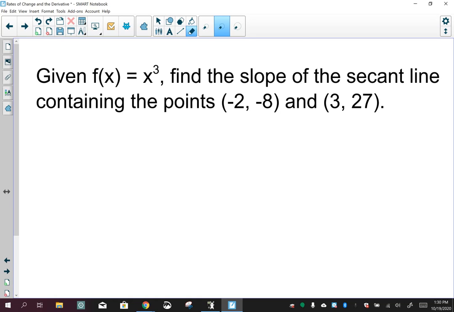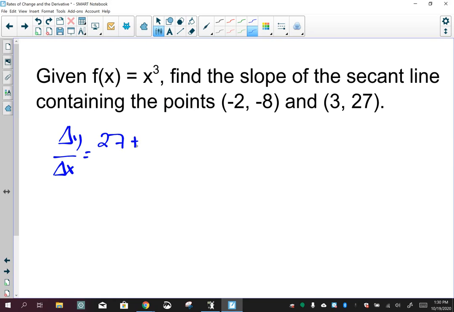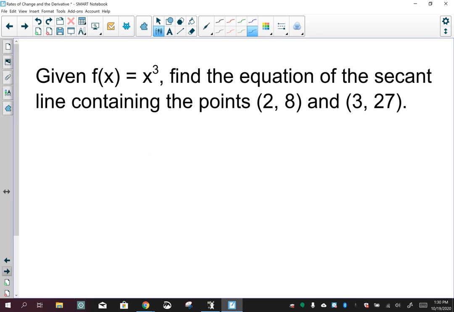So my delta y over my delta x is 27 minus a minus over 3 minus a minus. It's 35 over 5, which is 7 over 1. So my m is 7. I'm going to use this point here.